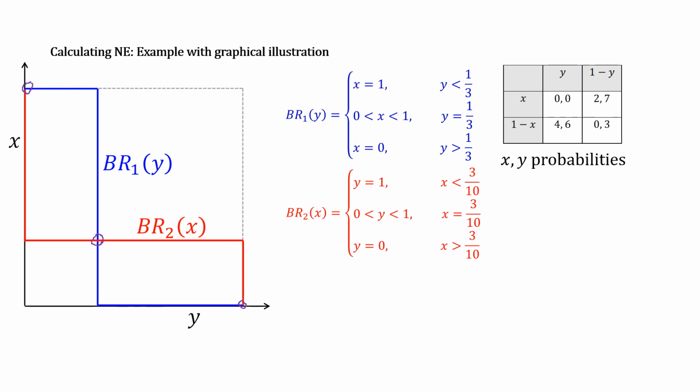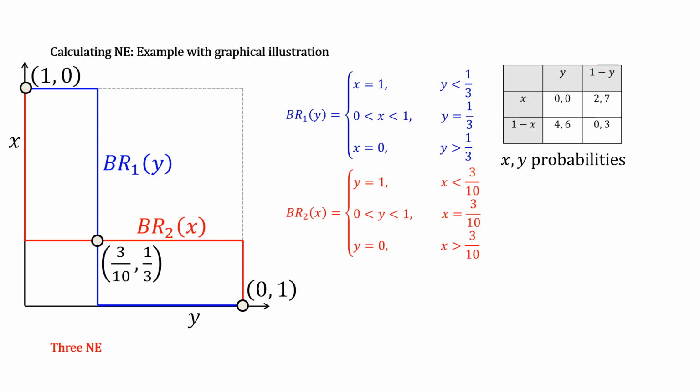And at these 3 points, both agents are playing their best responses. Therefore, these 3 points are the 3 Nash equilibria. This is the mixed Nash equilibrium that we got previously, and these are the 2 pure Nash equilibria, this and this.